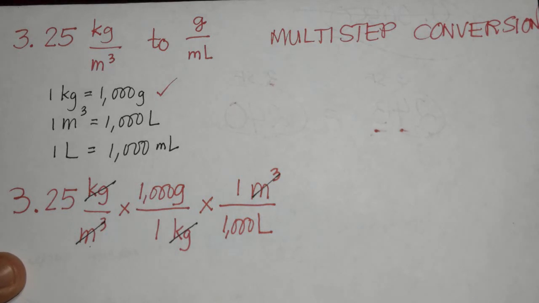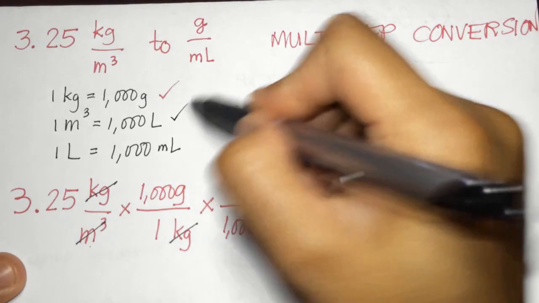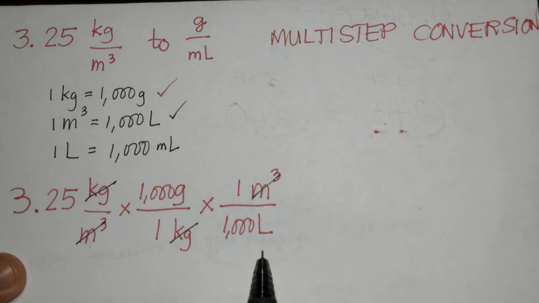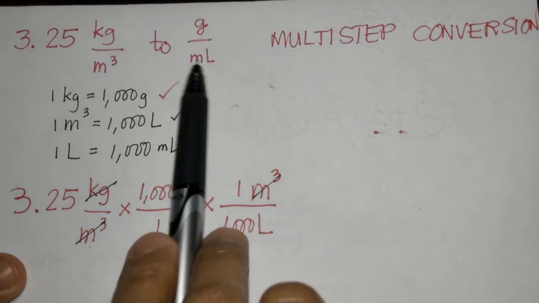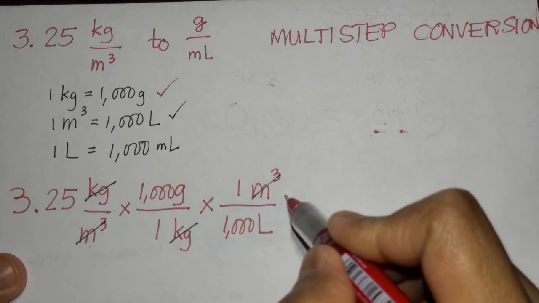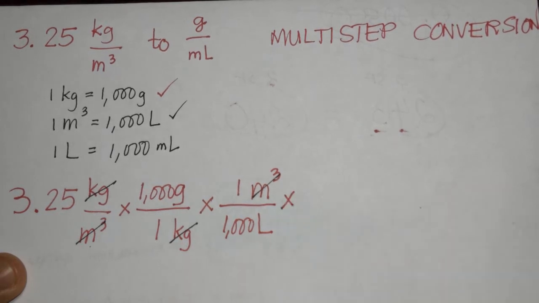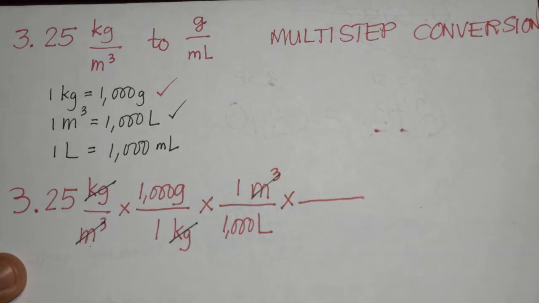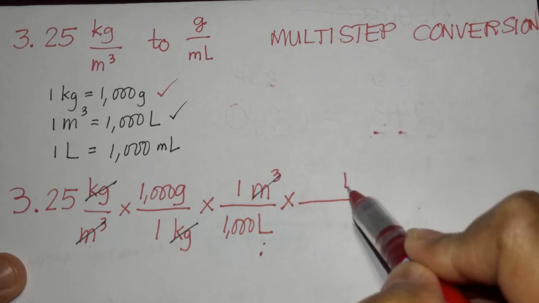However, we have one last problem here. We don't need the liters. We want ml. So that means this doesn't stop until we have the last part. So times again, and then we put a line there. And because the liter is below, I need to have a liter on top.